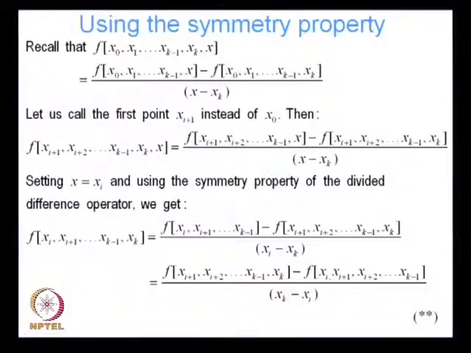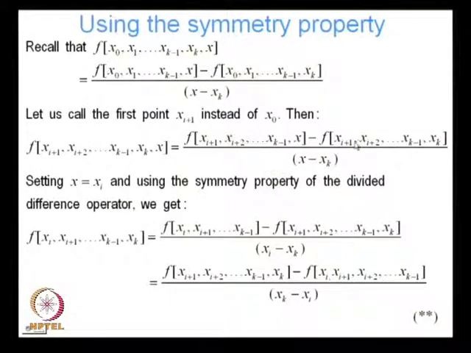Since my polynomial is unique, my coefficients are unique, right. So, instead of calling it x0, I can call it xi plus 1. In that case, what do I have here? I have xi plus 1, xi plus 2 and so on up to xk minus 1, xk, x, and that is equal to, again instead of 0 I have i plus 1, i plus 2, up to xk minus 1, x.